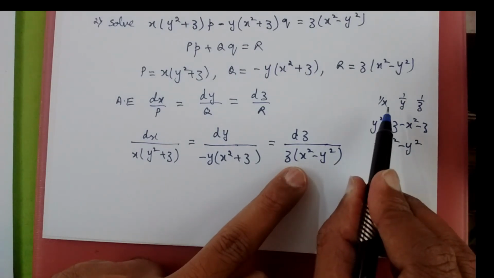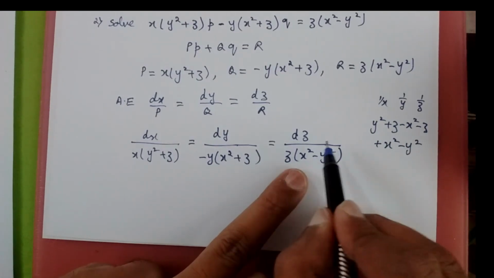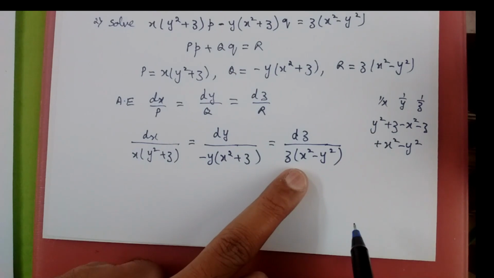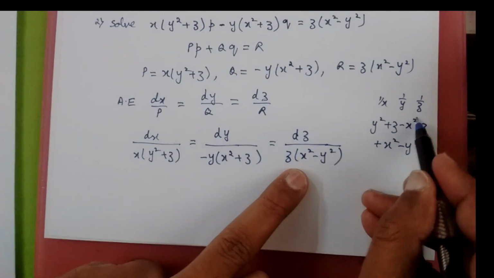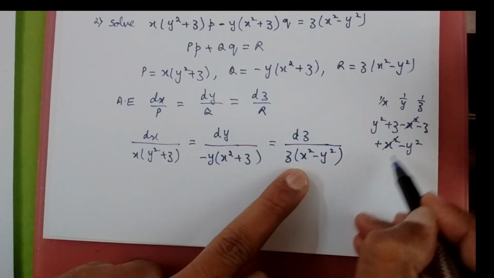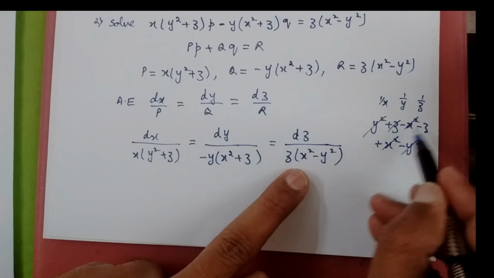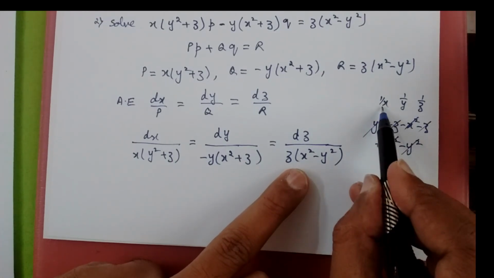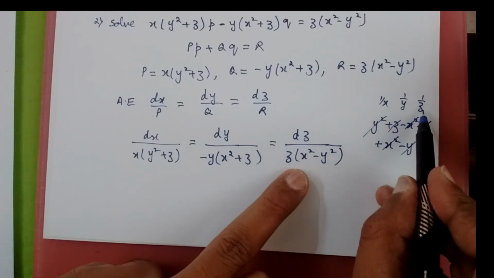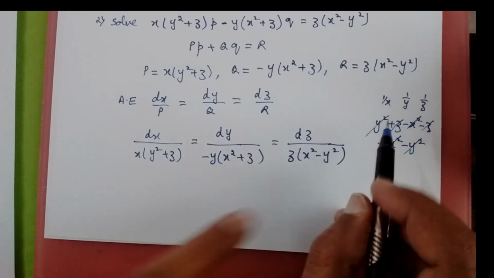So choose the multipliers in such a way that when you add the denominator values, it should be equal to 0. Let us try to see here. x square cancels out, y square cancels out, z will cancel out. Therefore 1 by x, 1 by y, 1 by z as a multiplier can be taken.